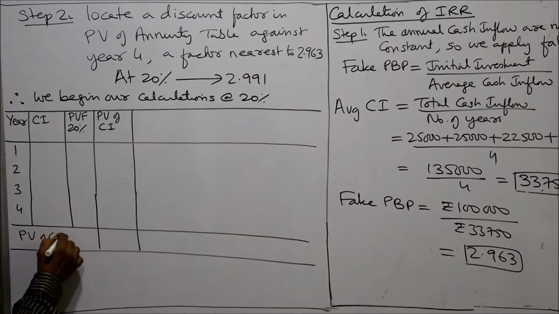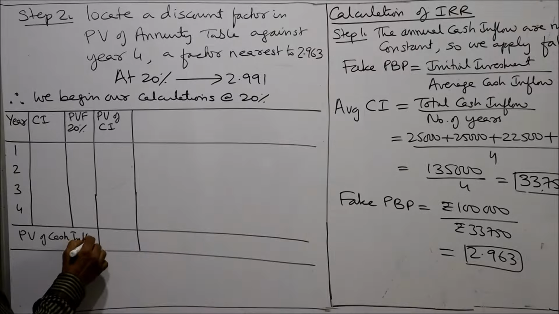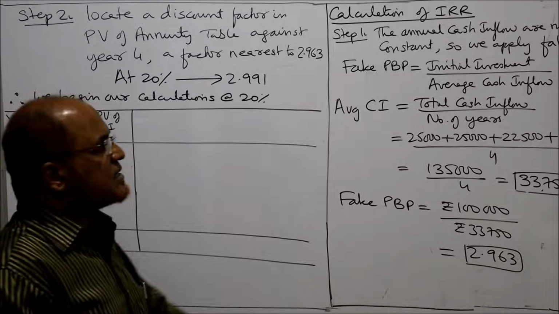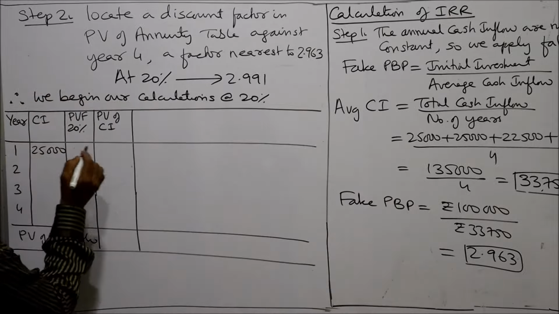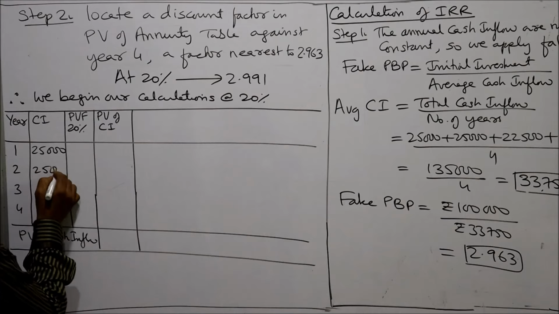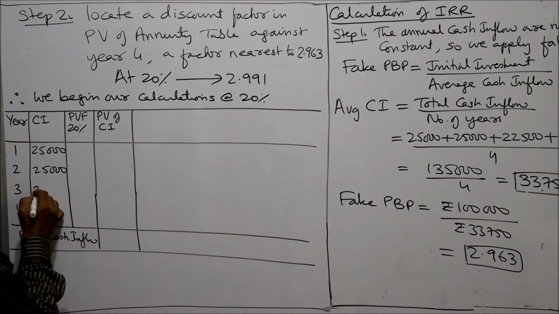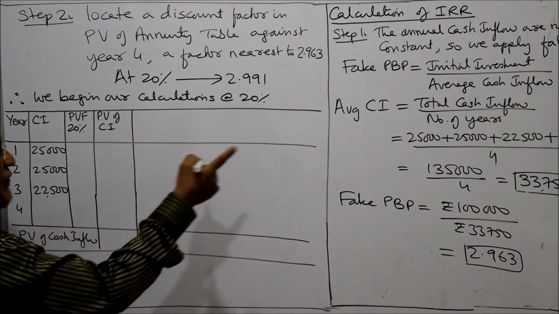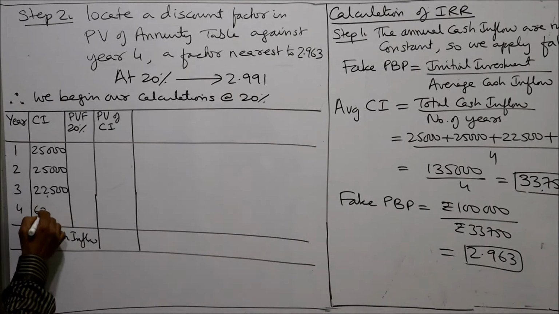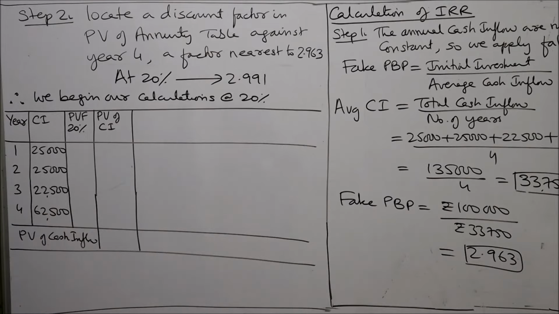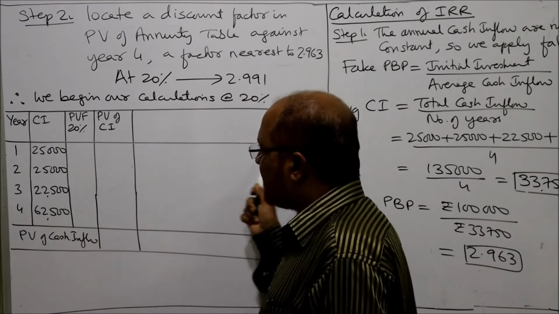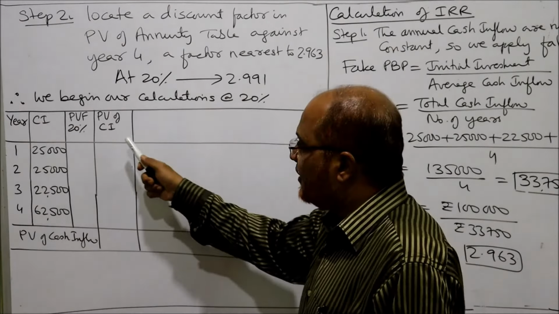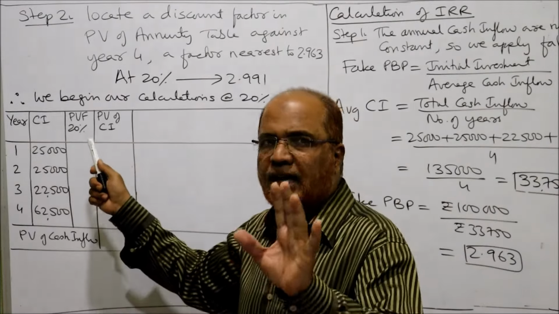PV of cash inflow. First year, we are getting cash inflow of 25,000. Second year we are getting 25,000. Third year we got 22,500, and fourth year we got 62,500. Right? 4 years.